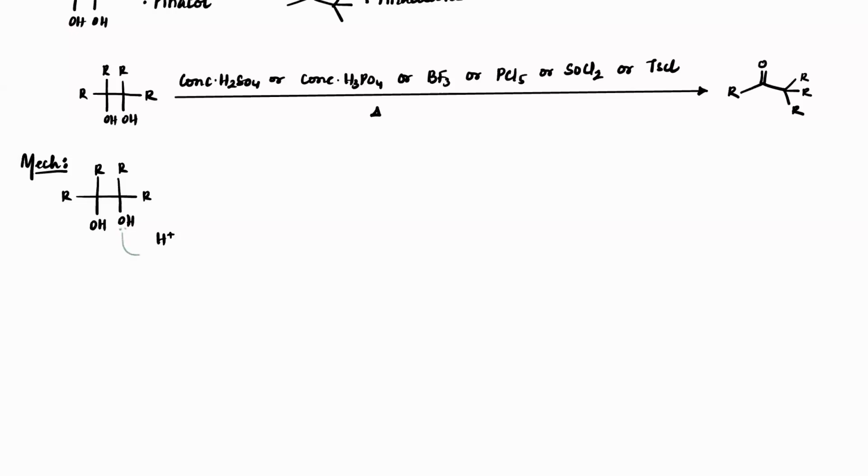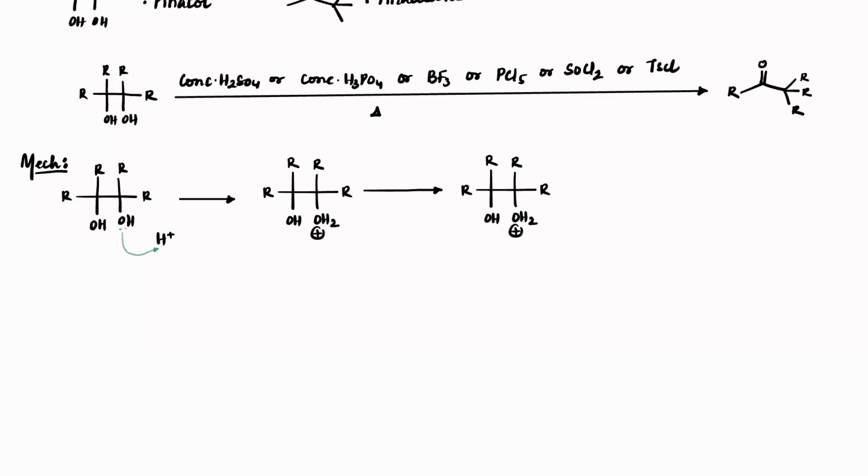The lone pair present on oxygen will take H plus from here, giving R, R, R, OH, OH2 plus. This is the protonation step, first step. And from this, we get dehydration, so water comes out, and now that OH2 has gone, we will get a carbocation.